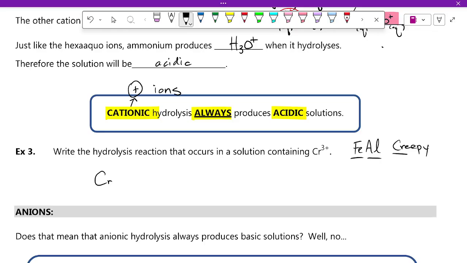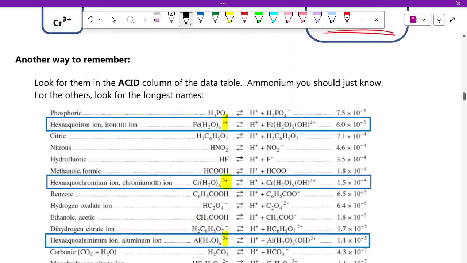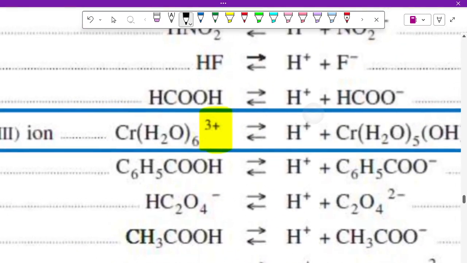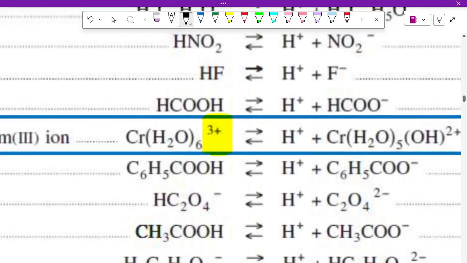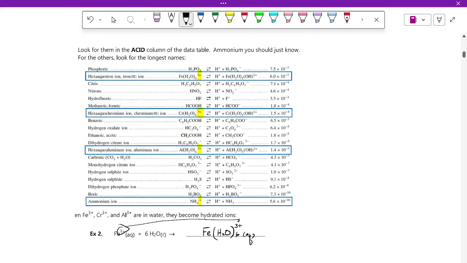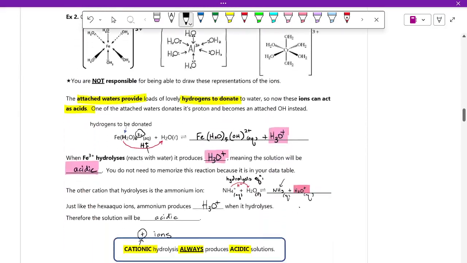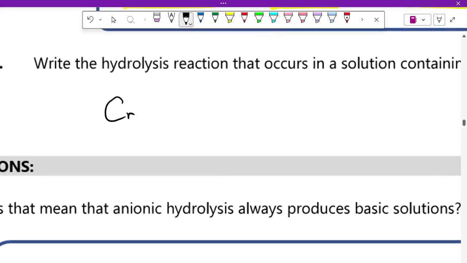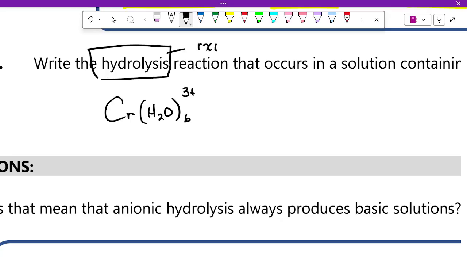Anytime you have iron or aluminum or chromium, remember you can look on your chart and say, I'm going to have Cr(H2O)6. And because it is hydrolysis, remember that is the reaction of an ion with water.